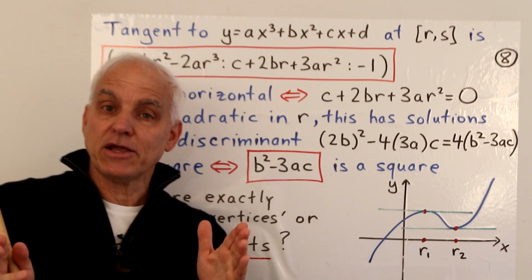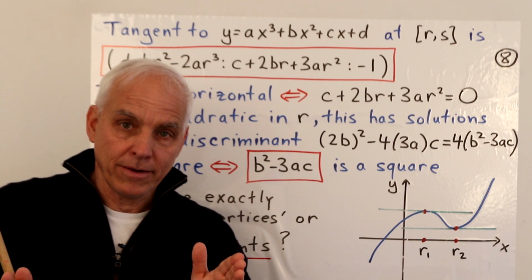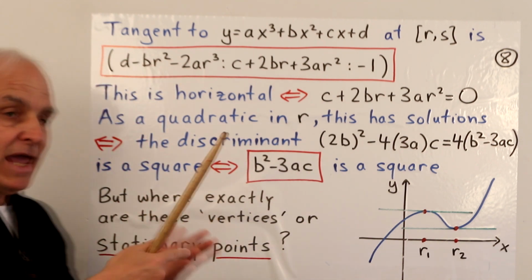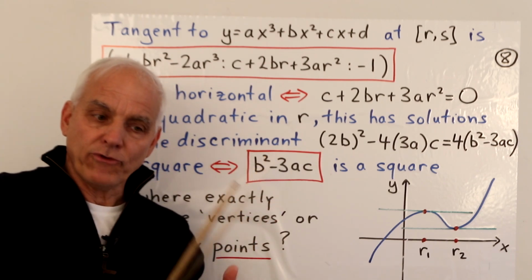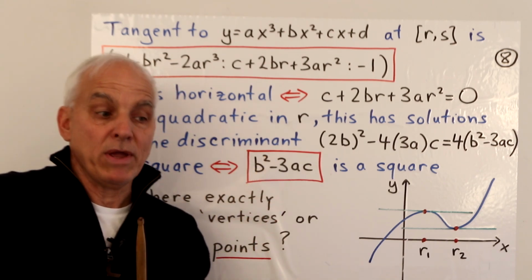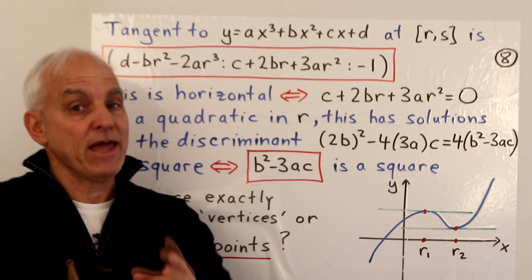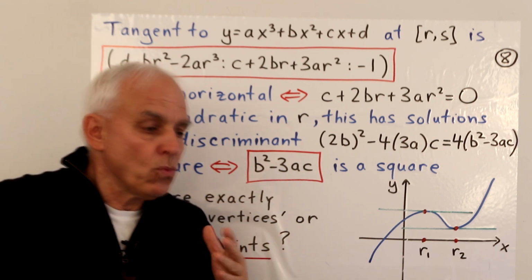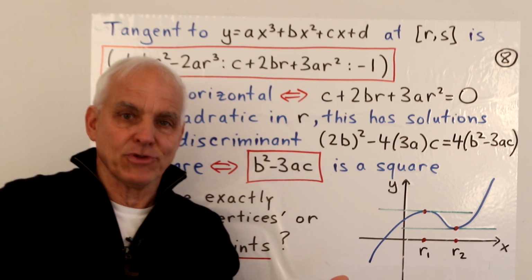Now that's a quadratic equation in r. So we expect that it may or may not have solutions. Quadratic equations don't always have solutions. But when they do have solutions, typically they have two solutions, although occasionally they can have one. And which of these cases do we have?